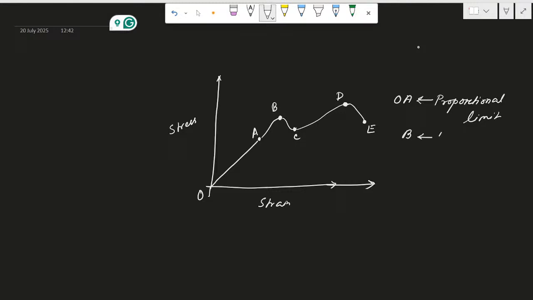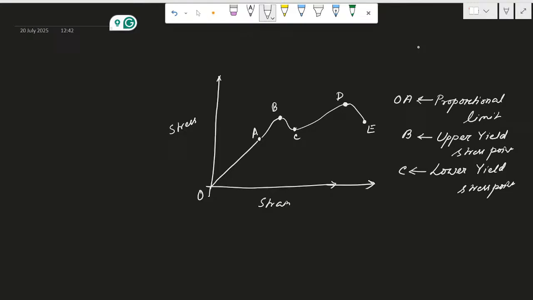B point is upper yield stress point. That means up to B it will be kind of elastic plastic nature, but after C, you see the C is the lower yield stress point.